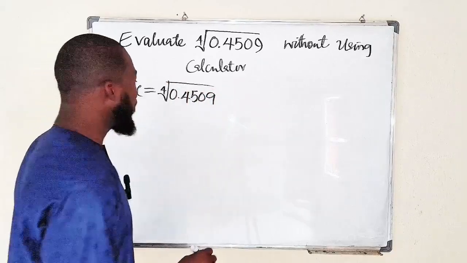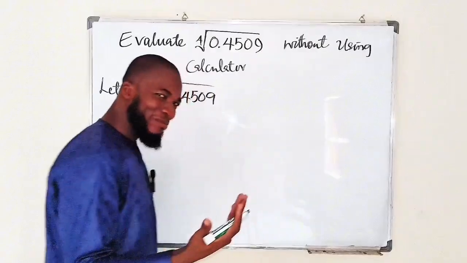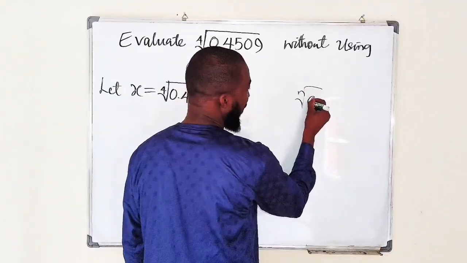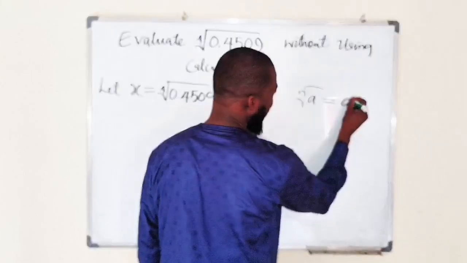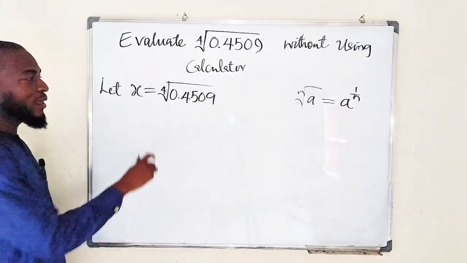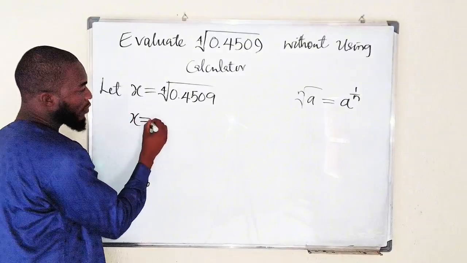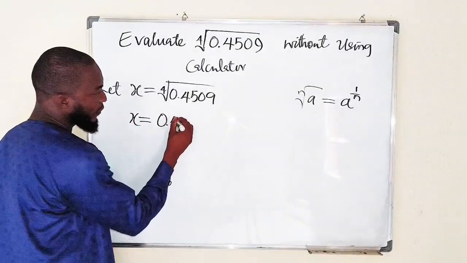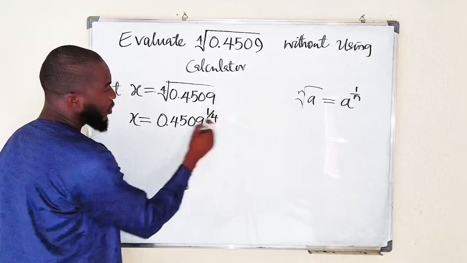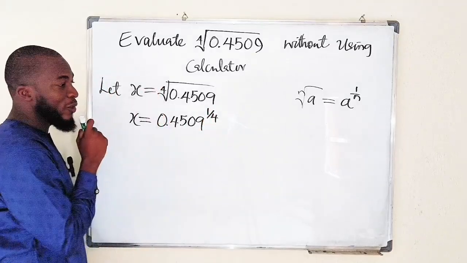Secondly, according to one of the laws of indices, if you have nth root of a, this is the same thing as a raised to the power 1 over n. We are going to apply the same thing here. So x will be equal to 0.4509 raised to the power 1 over 4, for which n is equal to 4 here.